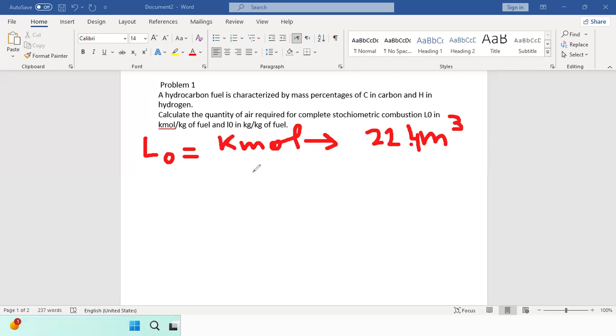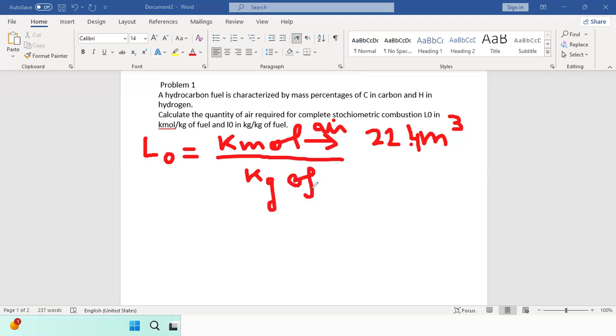That's why, if we need to determine the quantity of air per kilogram of fuel, we need to know the percentage in volume of O2 inside air. Okay, so here already we did the analysis per kilogram of fuel.